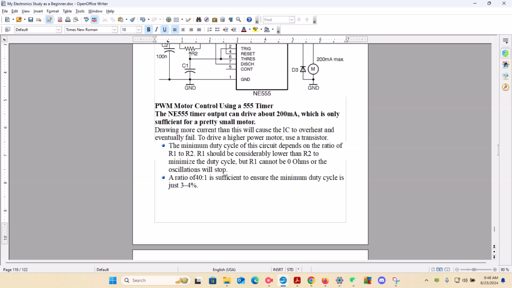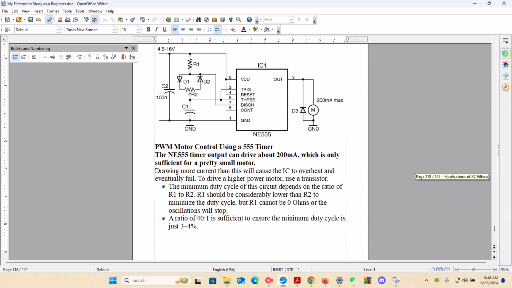Now the ratio of 40 to 1 is sufficient to ensure the minimum duty cycle is just 3 to 4%. So basically, we want 3 to 4%. Each time it's going through each resistor, we're reducing the current flow.